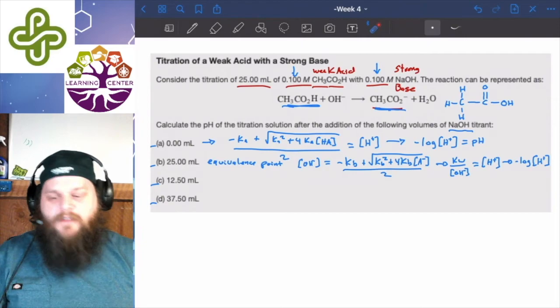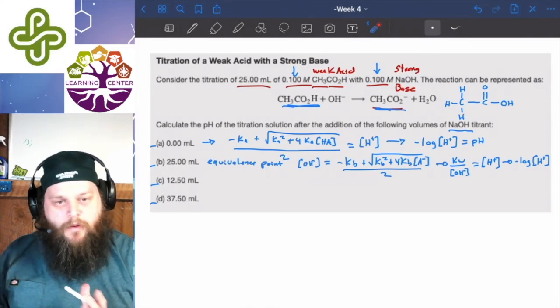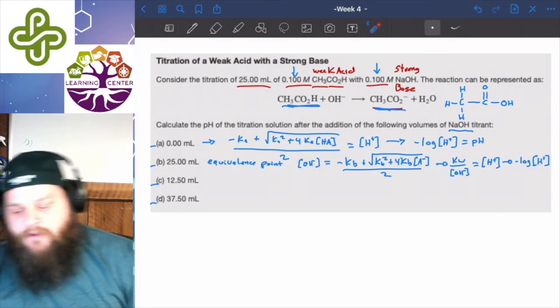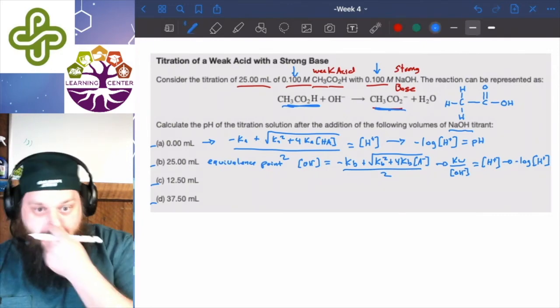Yes, the Henderson-Hasselbalch. Because we're less than the equivalence, but we've added something in there, the Henderson-Hasselbalch equation is the right one to do.